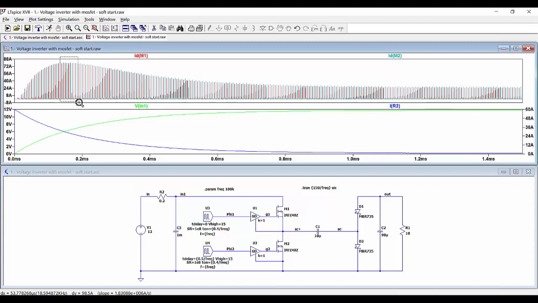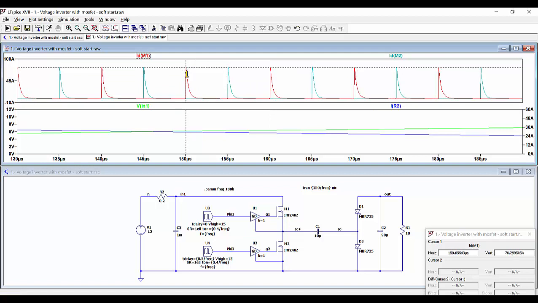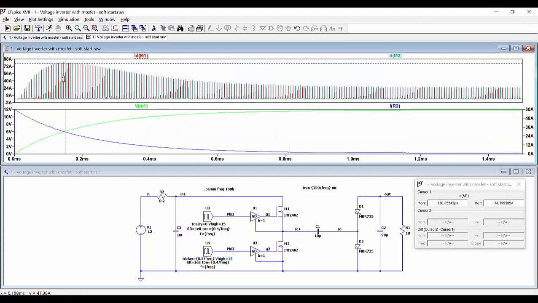Here we can zoom in and see that the peak values are something like 78 amperes, which is a value that can be easily handled by this type of transistors. Remember that this is a transient period during the startup, so they are not going to handle this high current for a very long time. When we reach the steady state operation, the currents are much lower, as we have seen before.